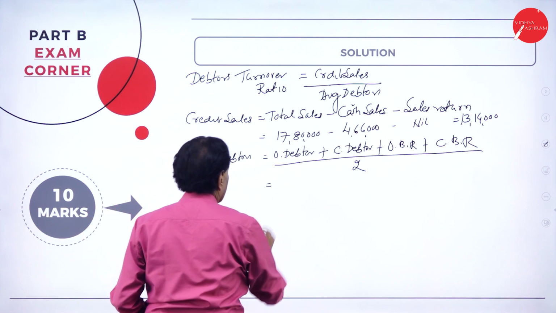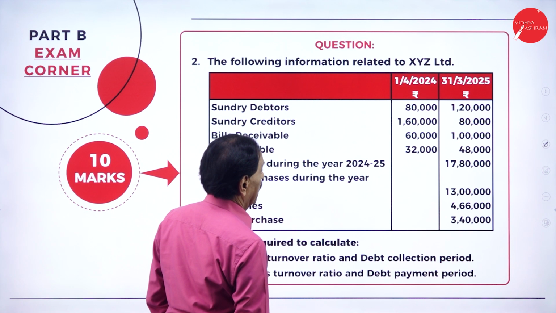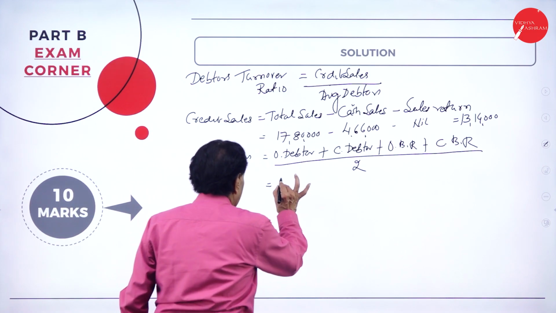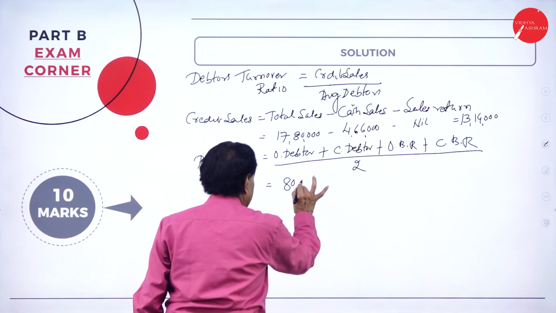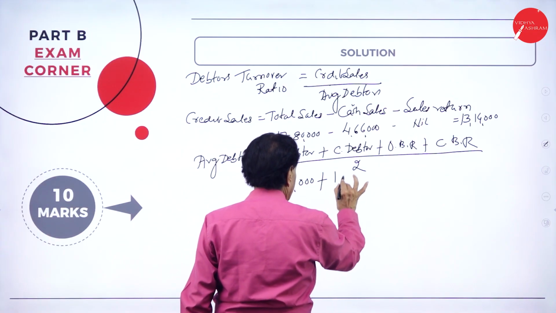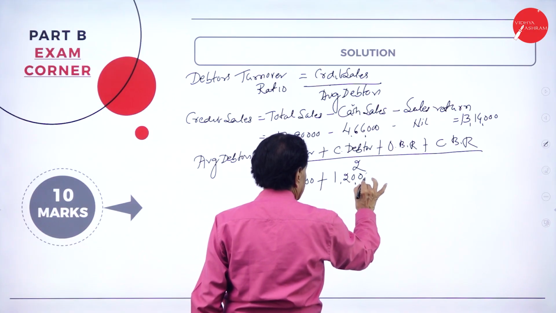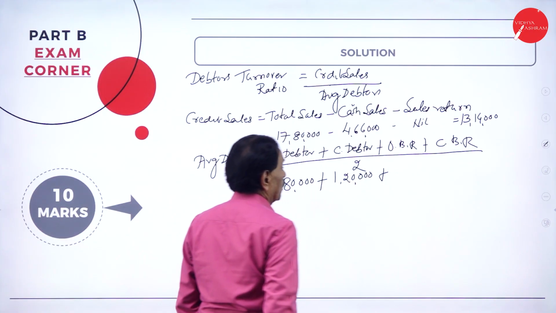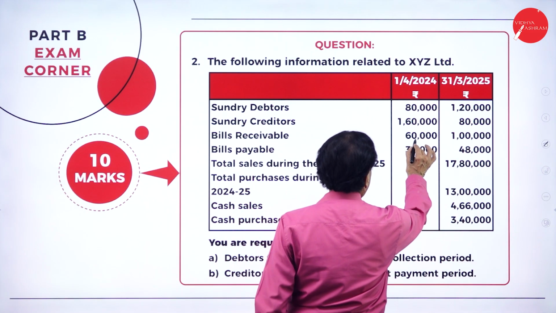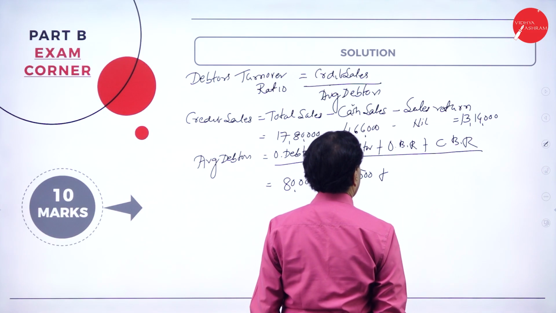Is equal to, what's your opening debtor? 80,000 plus 1,20,000, plus, what's your opening BR? 60,000 plus 1 lakh.